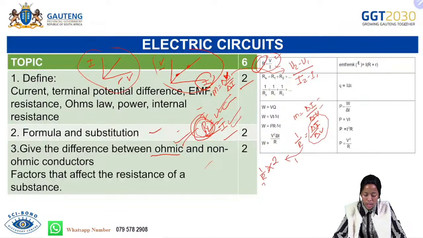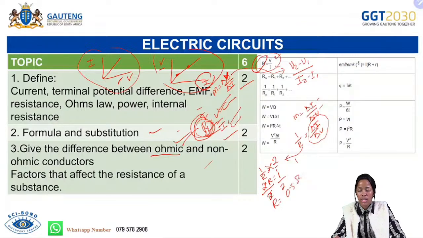So you will have 2R is equal to 1. Then you divide on both sides by 2 so that your R is 0.5 ohms. So just make sure that you are able to use the graphs to calculate the resistance on both graphs there.